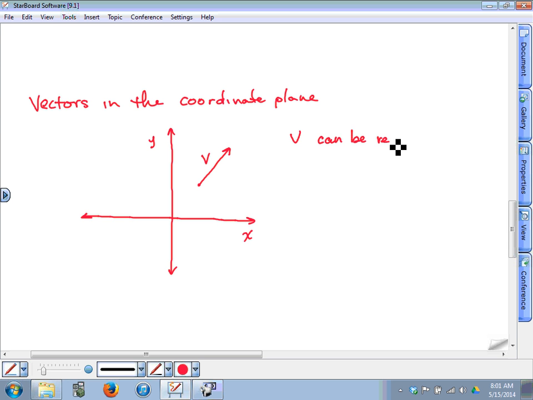V can be represented as an ordered pair.